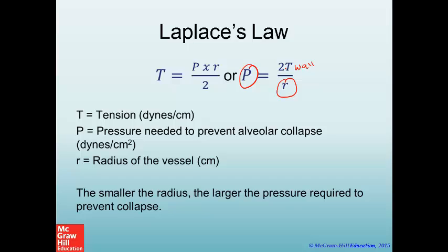So what this basically says is that as the radius increases, the amount of force that you need to keep that alveolus inflated, or that tubule inflated, decreases. So larger structures, larger cylinders, larger spheres, larger alveoli are less likely to collapse than smaller alveoli.